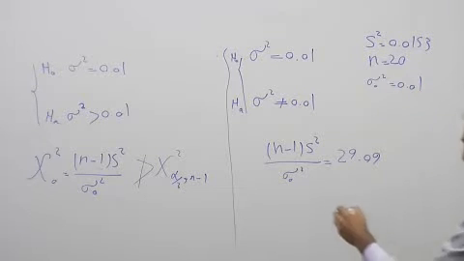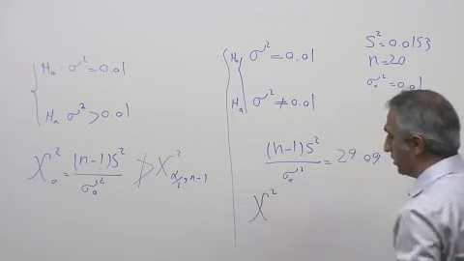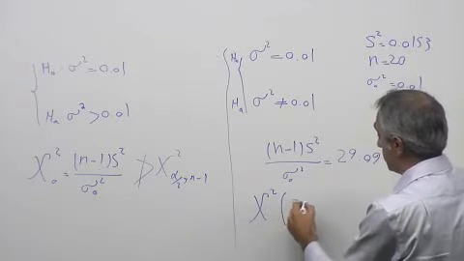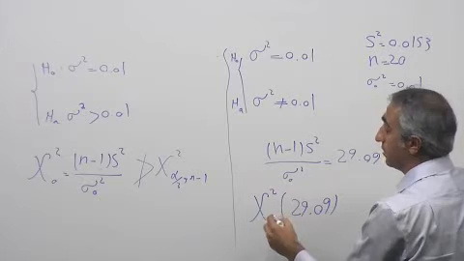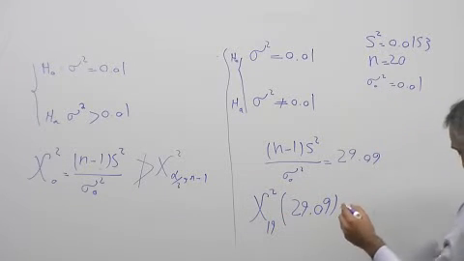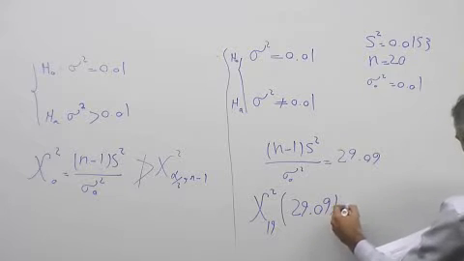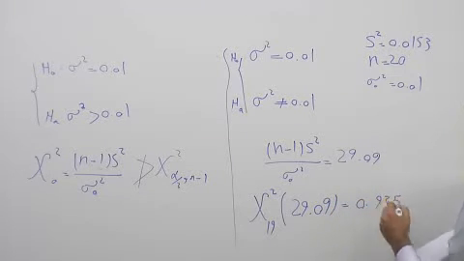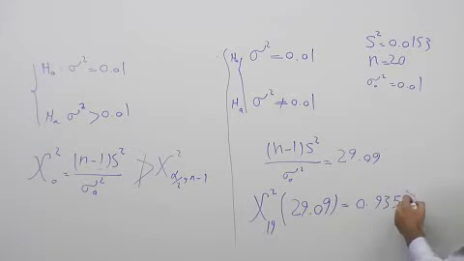So what should I do? I need to find the chi-square CDF of this number, with 19 degrees of freedom. And if I do that, this number is 0.935, which is greater than 0.5.